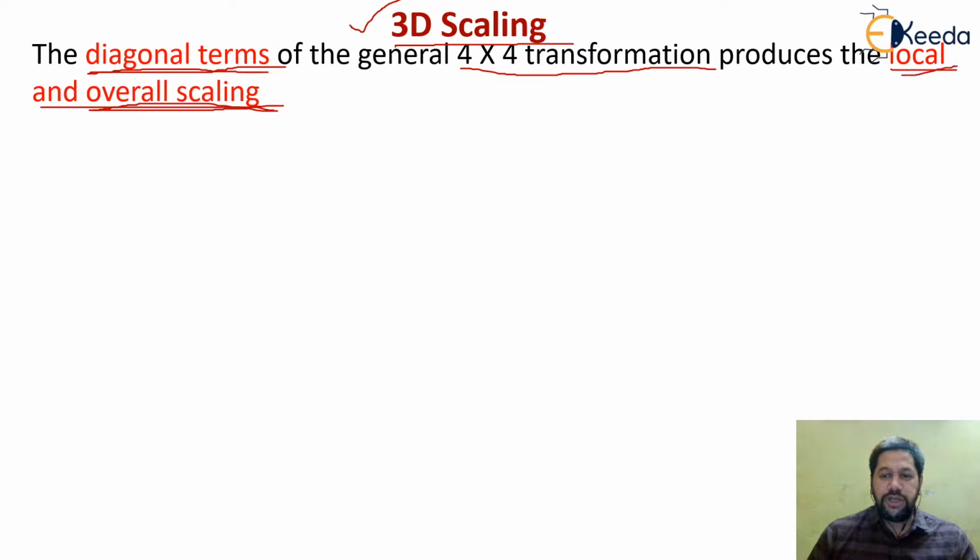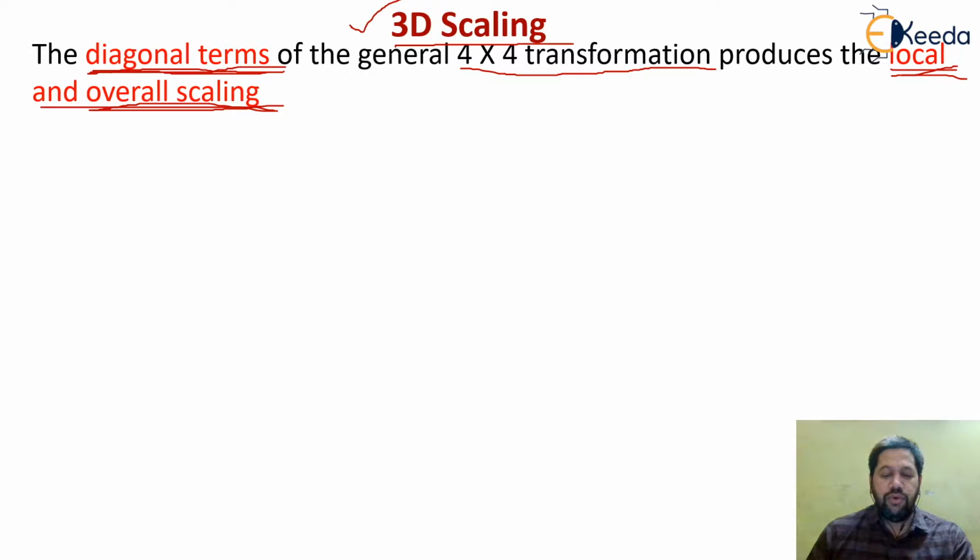But in the local scaling, we have the choice that I may want to scale the object only in the x and y direction, but not apply it in the z direction. So it is our choice. The diagonal terms of the transformation matrix are responsible for the local and overall scaling.